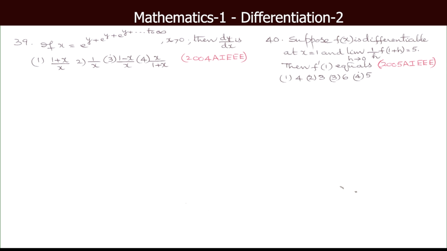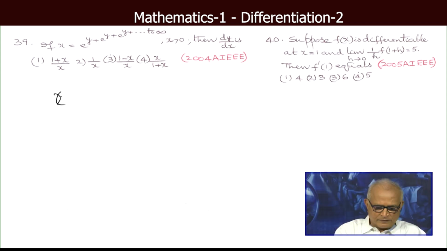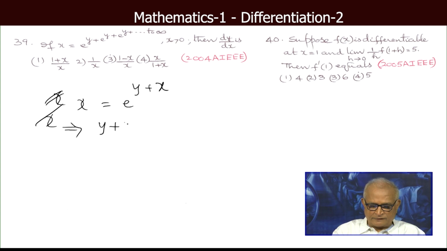X equal to, once again, repeated extraction of the exponents, taking the exponents e power y plus, e power y plus, e power y plus, etc. So, this can be written as x equal to e power y plus x or y plus x equal to ln x, implicit differentiation, or y equal to ln x minus x.